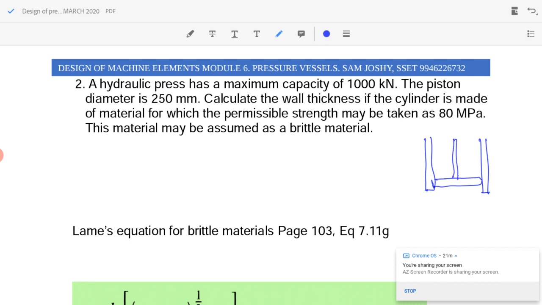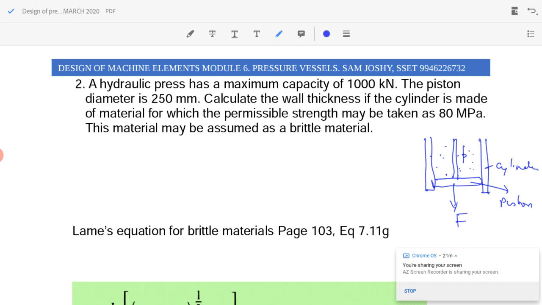Here we have the internal pressure, and that piston will be exerting a force F. Here we have the liquid or the fluid at the higher pressure P, which is acting over the area of the piston. So this is a cylinder, there is a piston.